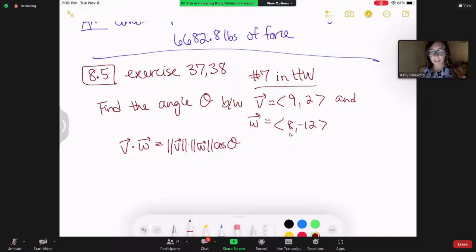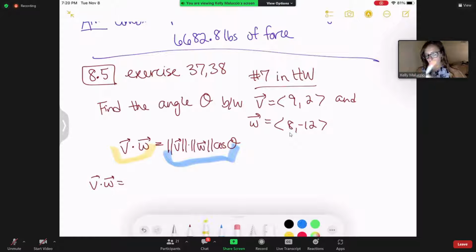From here, we can get these separately. We get this side, and then we can write this side and set them equal, right? The dot product of V with W is going to be these components multiplied with these components and then added, and maybe I'll get the signs right this time.